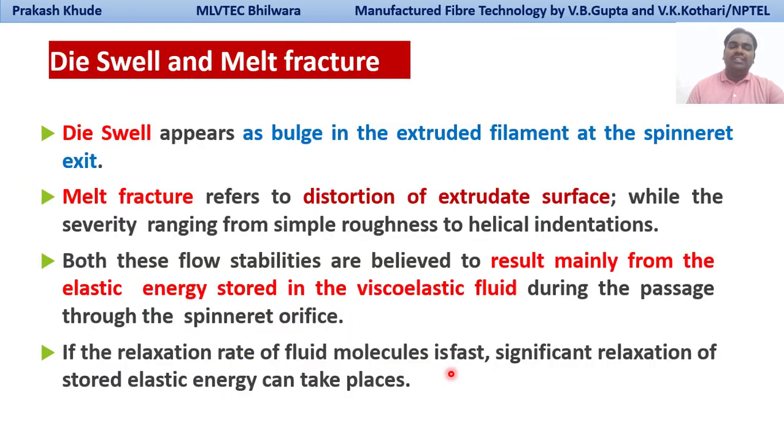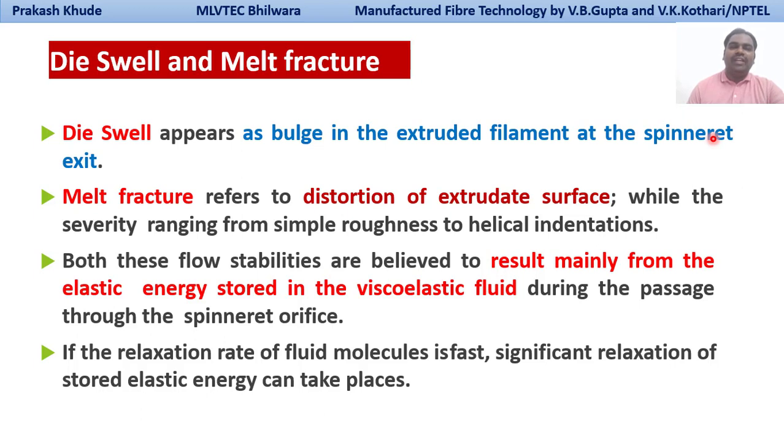Now let's look at the basic concept of die swell and melt fracture. These are instabilities which occur in the spinneret channel or while coming out of the spinneret channel. Die swell is a phenomenon where the extruded filament bulges out at the spinneret exit.